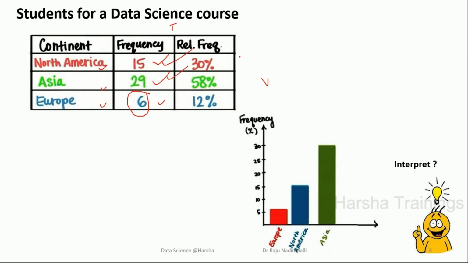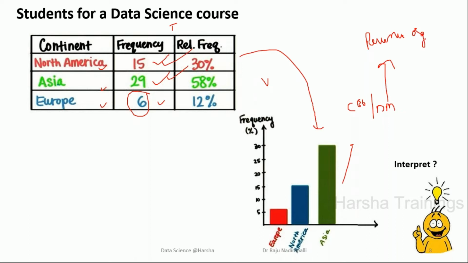Now I'm representing the same data in the form of visualizations. These visualizations are easily understandable to the CEO or decision makers of the organization, and they will take a proper decision to increase the revenue of the organization.